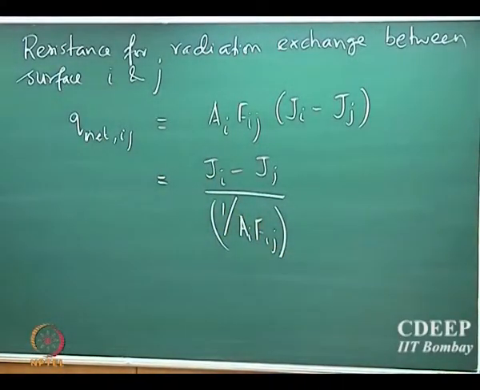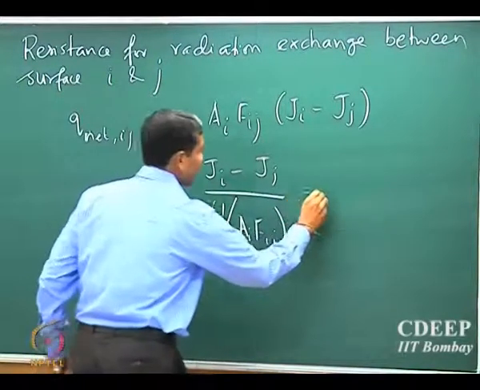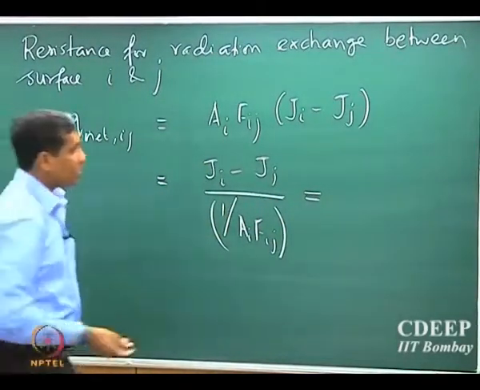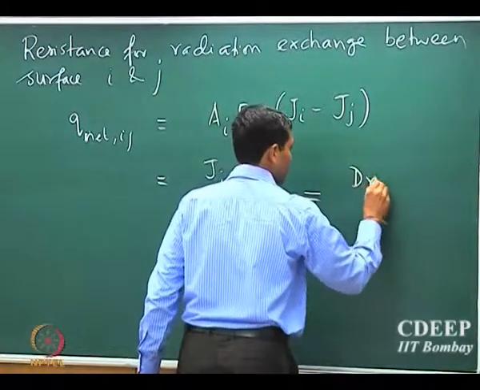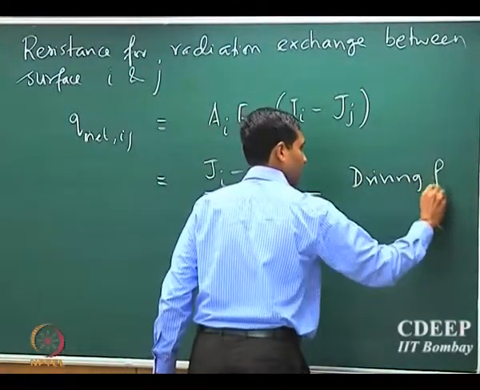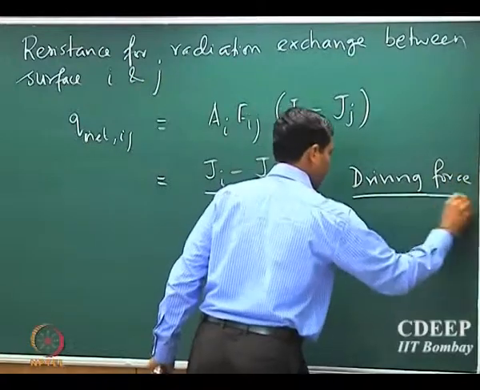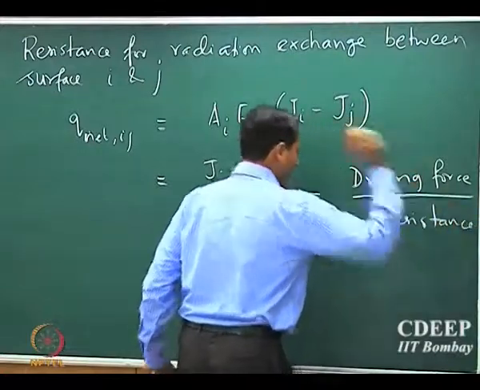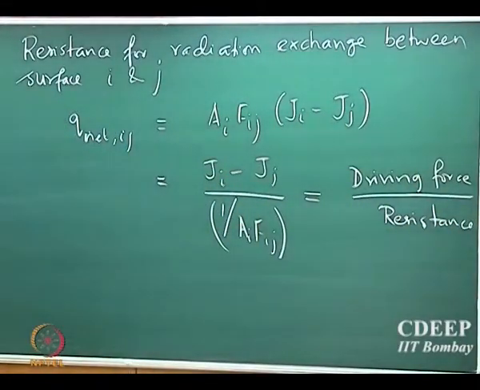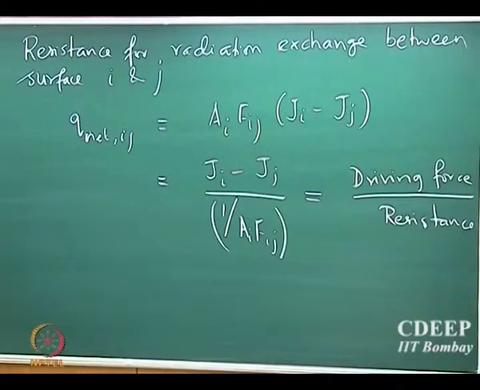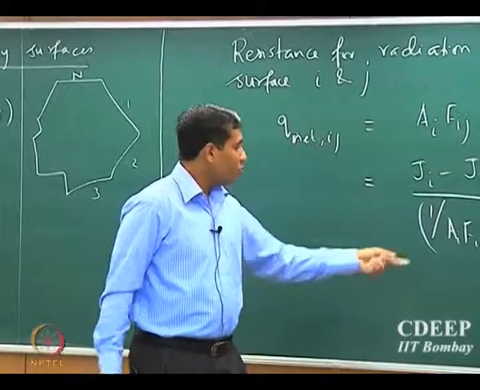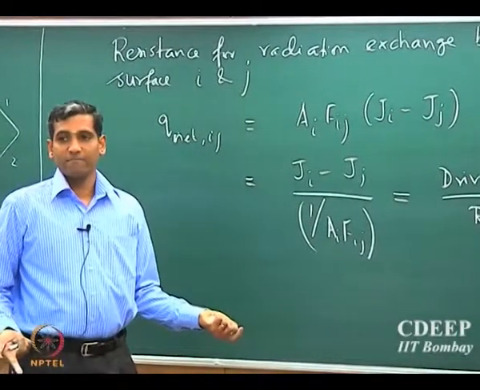The driving force for radiation exchange is the difference between the corresponding total emission from each of these surfaces, divided by the resistance. So, one could identify that the resistance offered for radiation exchange between surface i and j would be 1 by Ai Fij.